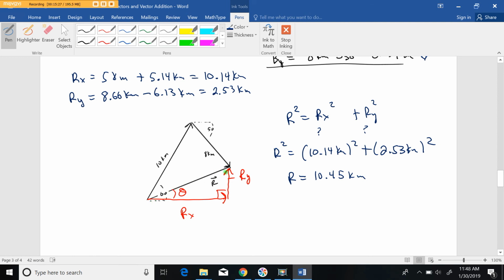That's this distance right here. We can find this angle using the tangent function. The tangent of the angle theta here is going to be the side opposite divided by the side adjacent. That's going to be 2.53 kilometers over 10.14 kilometers. And theta is going to be the inverse tangent of this ratio.